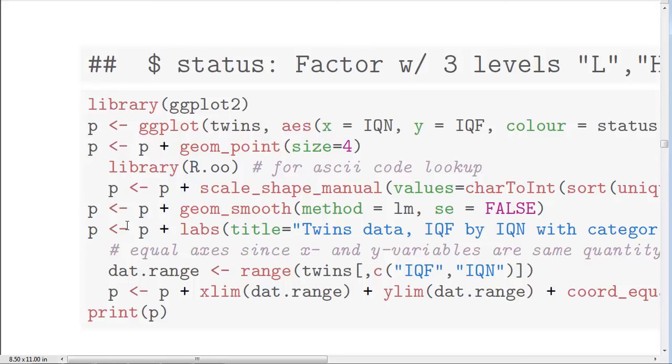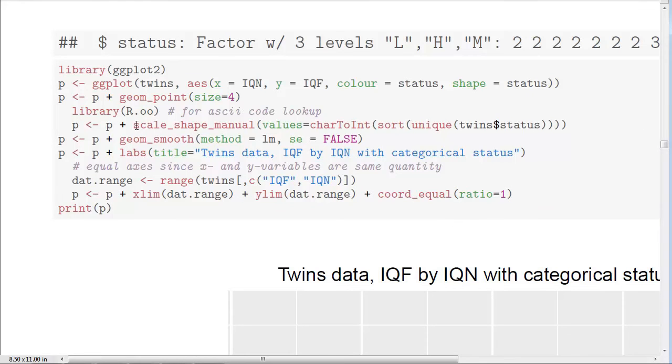So it's not just as easy, unfortunately, as saying what shape do I want to plot and then putting in the letters. You actually need to indicate a certain integer.